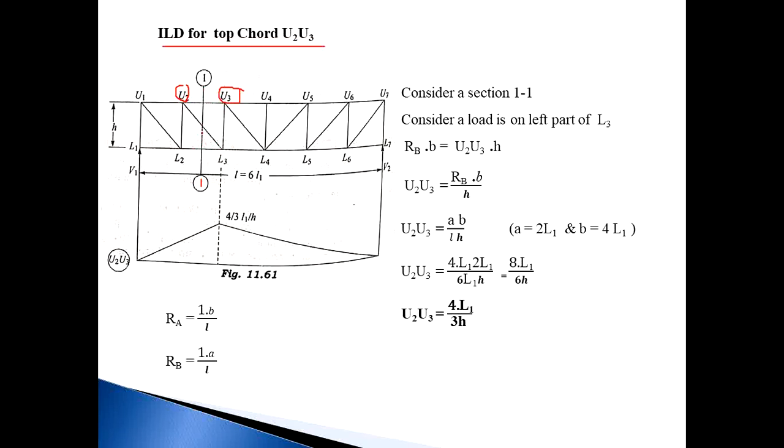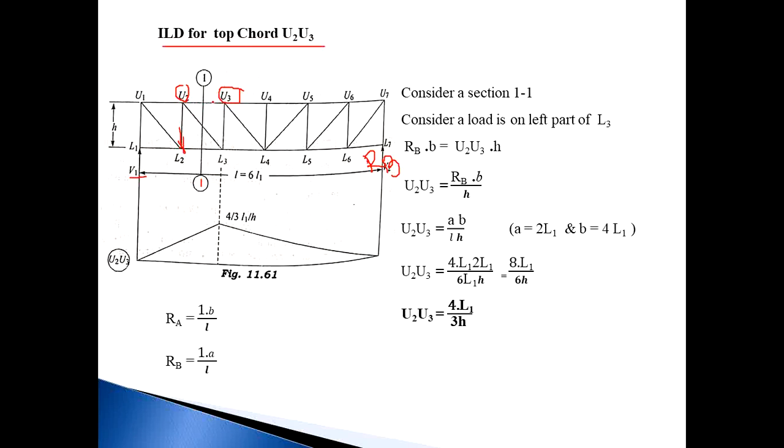On the left side of the section, the forces are the reaction RA and the point load, up to this point where the load is acting. So the number of forces on the left side of section 1-1 is two, RA and the unit load, and on the right side there is only one force, RB, and this member.